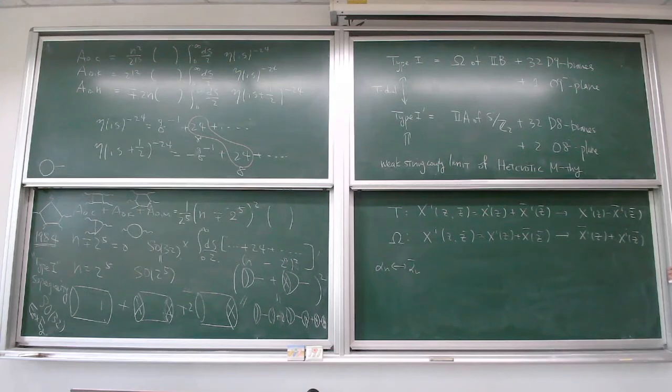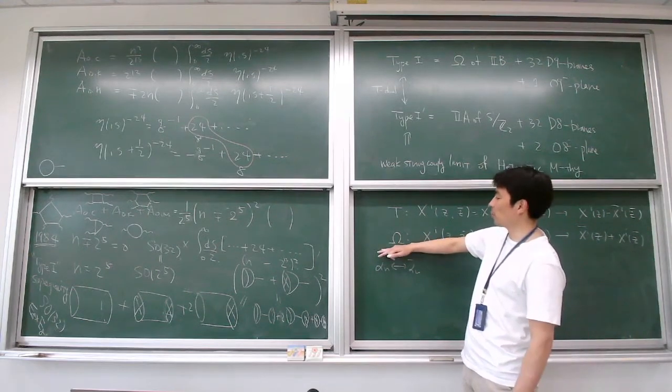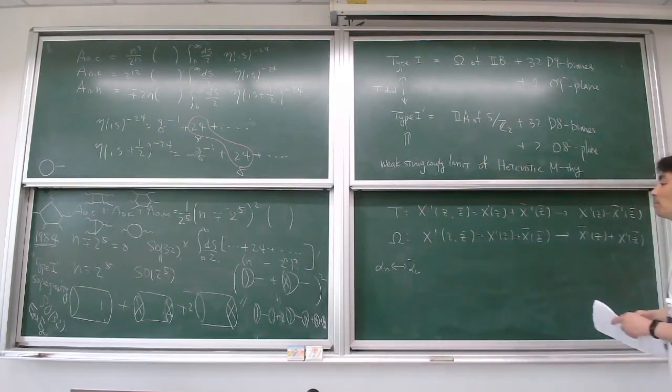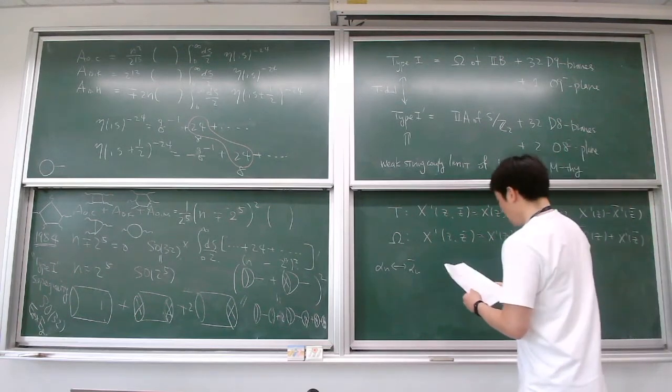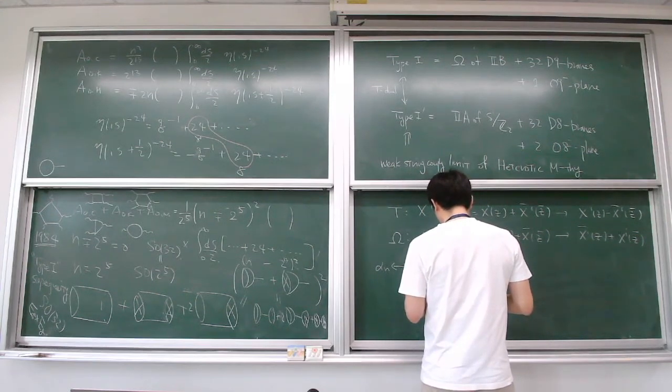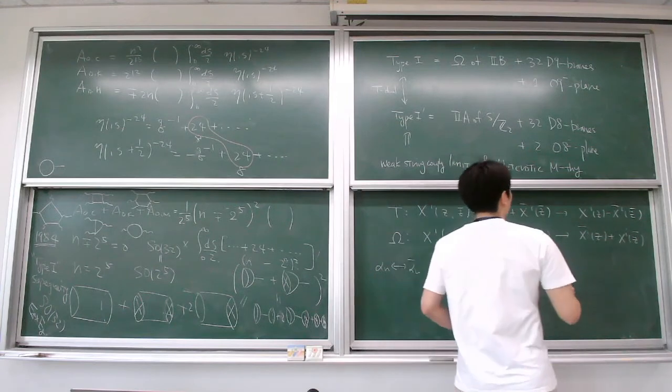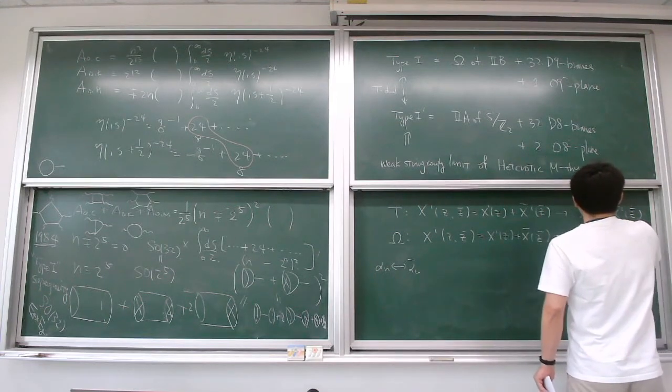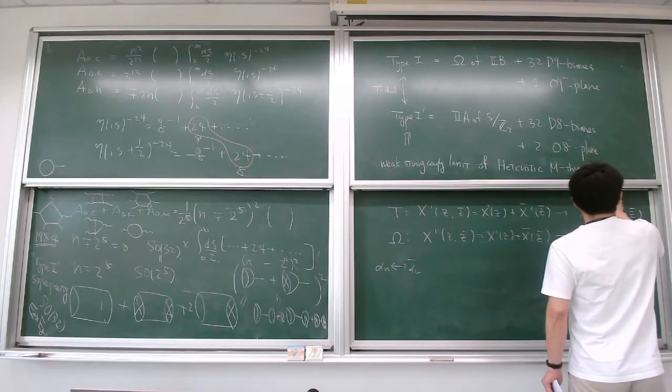So if you perform the orientifold projection and the T-duality at the same time, let's call this X prime(z, z bar).